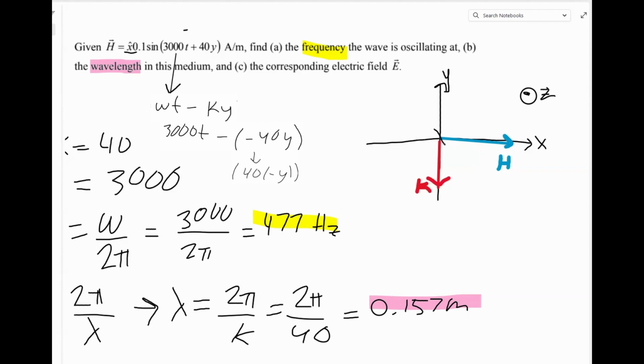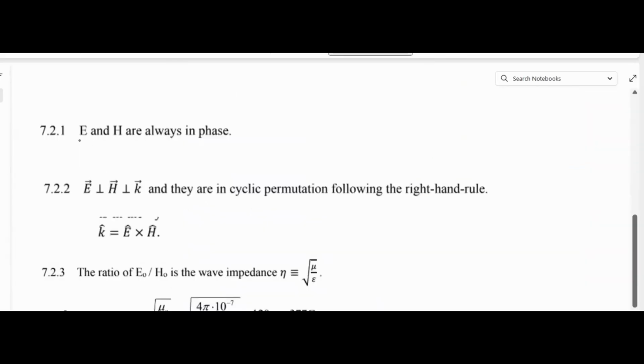So using the cross to denote that. And so that means our E is going to be negative Z, since Z going out of the page is our positive. We said E and H are always in phase.